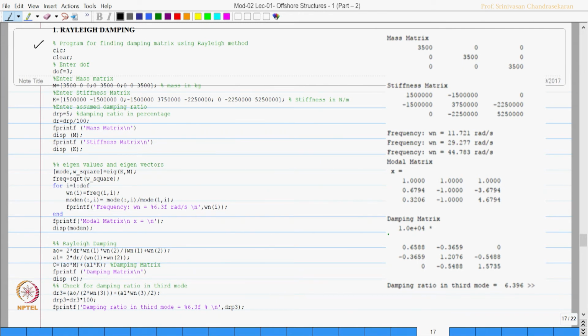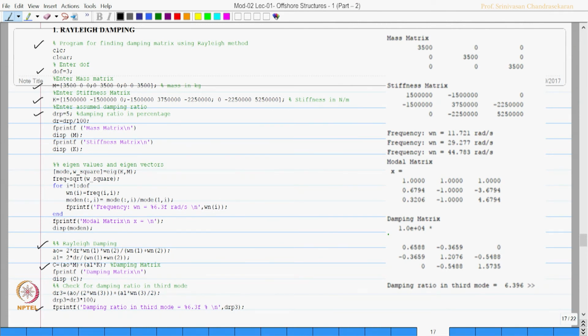You have to enter the degrees of freedom, the mass matrix, and the stiffness matrix, then enter the damping ratio, which we have taken as 5%. Once you do that, the Rayleigh constants are evaluated, then the damping matrix is evaluated, printed, and checked for the third mode.